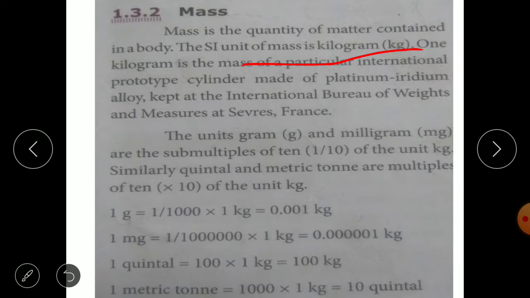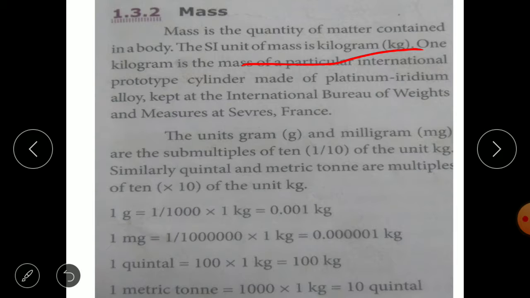So 1 kilogram is the mass of a prototype cylinder that is made up of platinum and iridium alloy. It is kept in the IBW, that means International Bureau of Weights and Measures, in France.